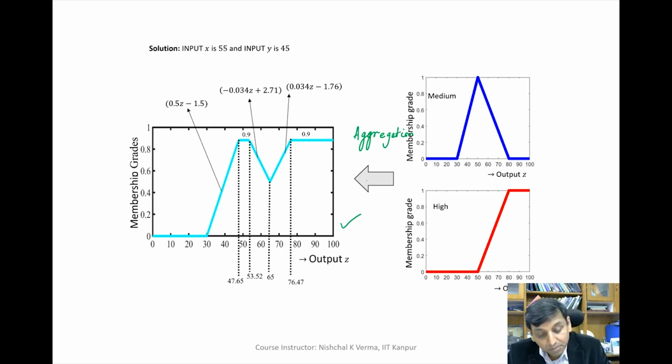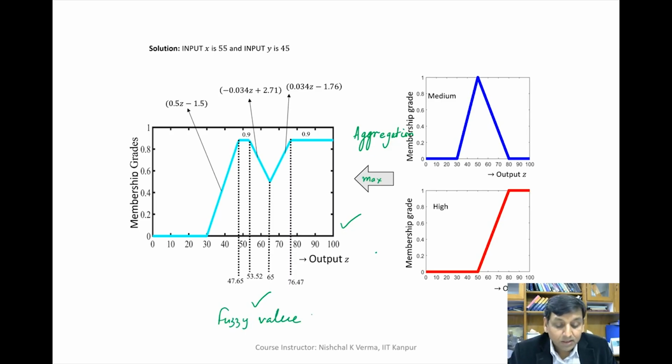Means we take the maximum of this. We take the union of this. So when we take max, what we are getting here is this structure, and this is nothing but a fuzzy value. The output here is the fuzzy value.